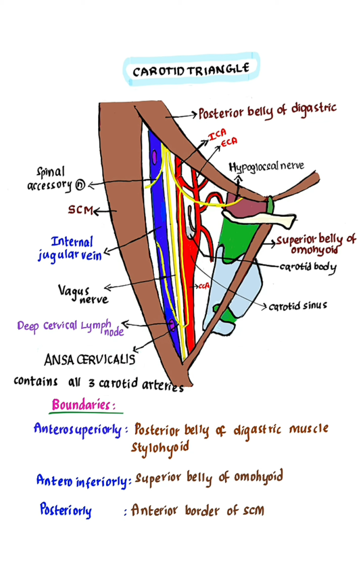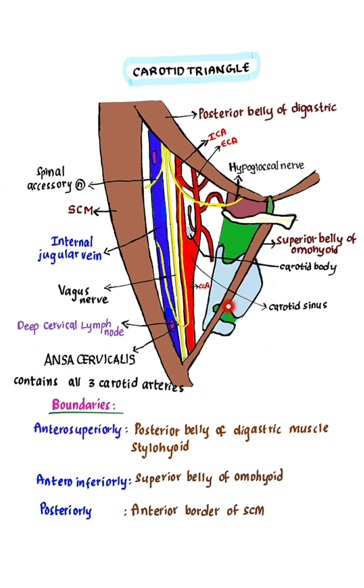Carotid triangle. Carotid triangle contains all three carotid arteries. Hence it is called carotid triangle. Boundaries of carotid triangle. Antero-superiorly, posterior belly of digastric. Antero-inferiorly, superior belly of omohyoid.